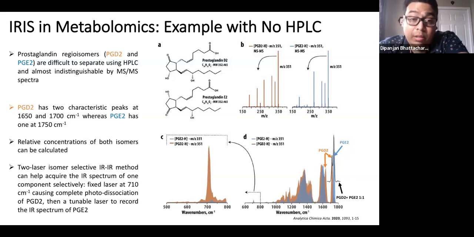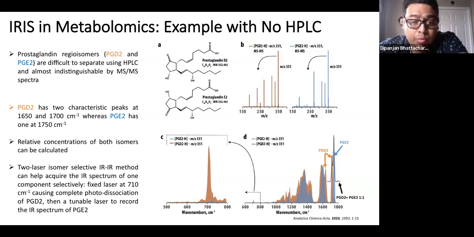You can actually calculate the relative ratio of the E2 and D2 in an unknown sample. So if you look at the black peak in panel D, that's actually a known sample of 1:1 mixture of both E2 and D2. So you can basically compare the peak heights once you match the spectrum and then calculate the relative ratios.